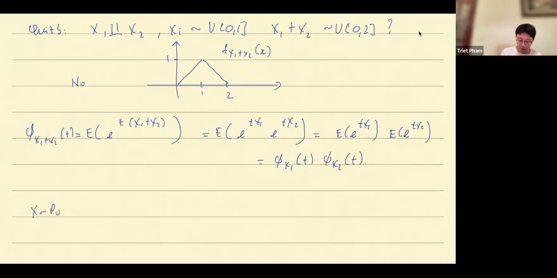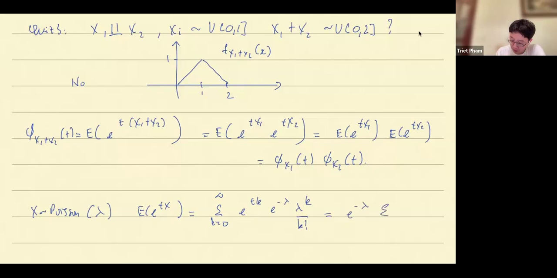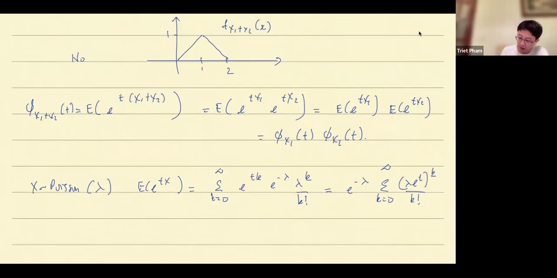And we went through this calculation last time. If you have a Poisson with parameter lambda, then the moment-generating function will be as follows: the sum of e to the tk times e to the minus lambda, lambda to the k over k factorial. Then e to the minus lambda can come out, e to the tk can come in, and thus we get the sum of an exponential.